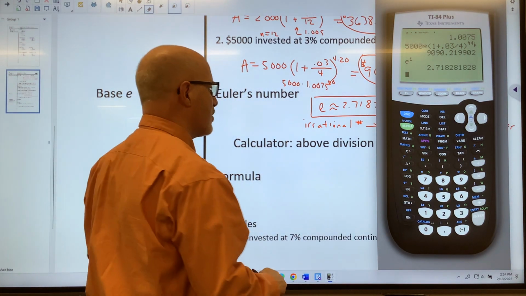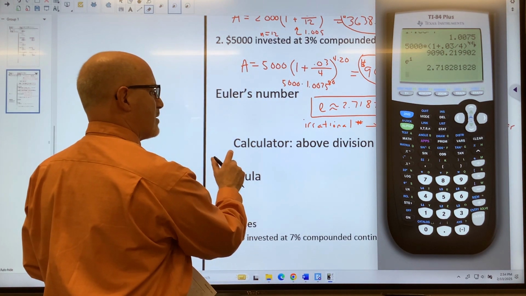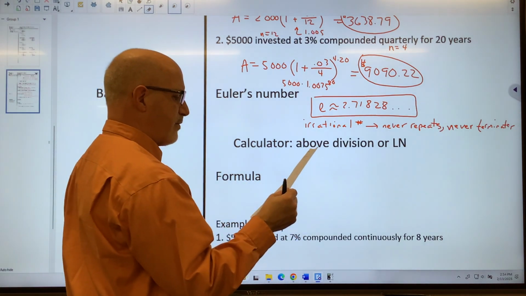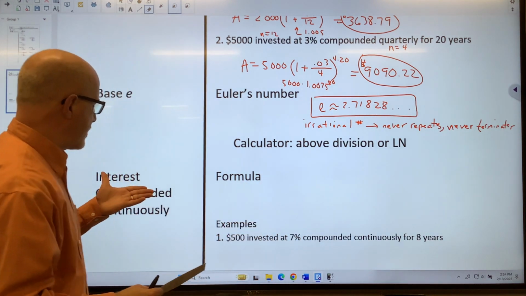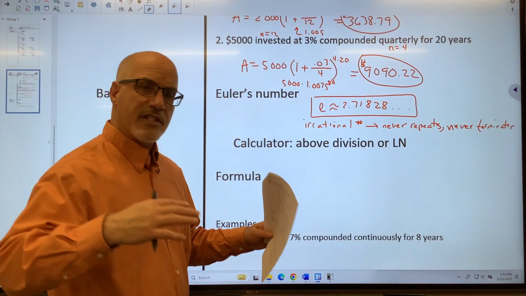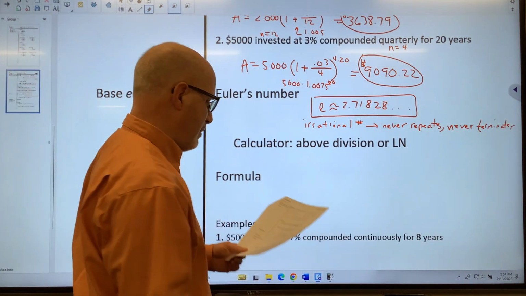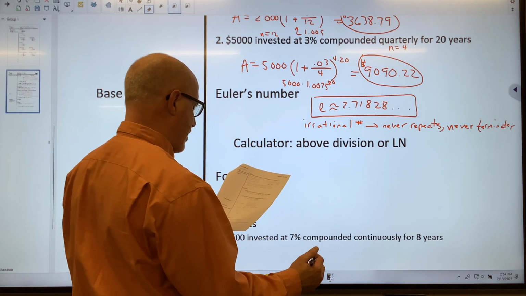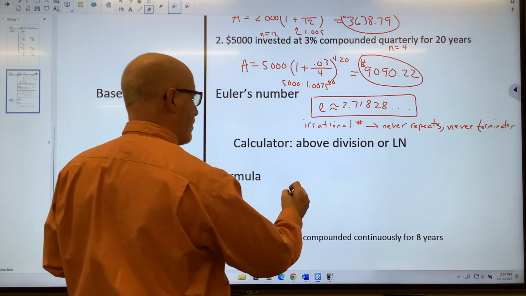All right, so for interest compounded continuously, this is if it's compounded all the time, like an infinite number of times per year, then we're going to use this new formula.